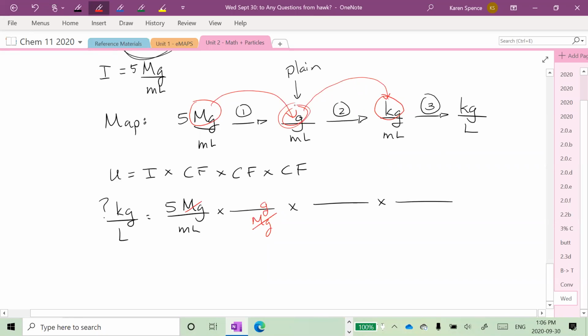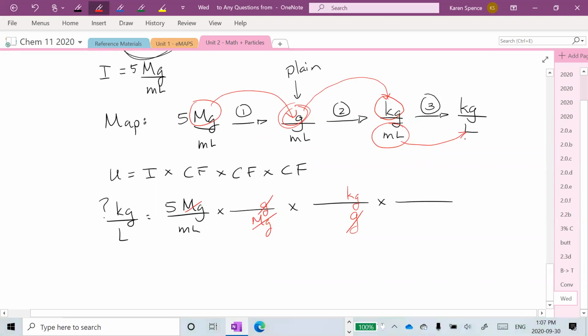So I need to cancel grams, put it on the bottom because it's already on the top. If it's on the top, you put it on the bottom. If it were on the bottom, you would put it on the top. And then we have kilograms. Okay, yes, I did it right. Lucky me. Grams are gone. Now I have kilograms. And now it's time to convert the bottom part.